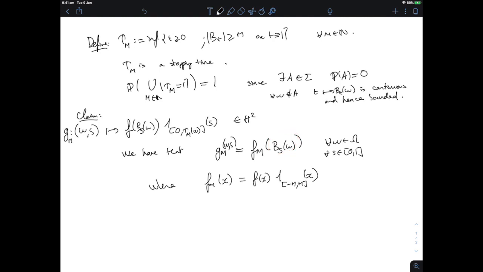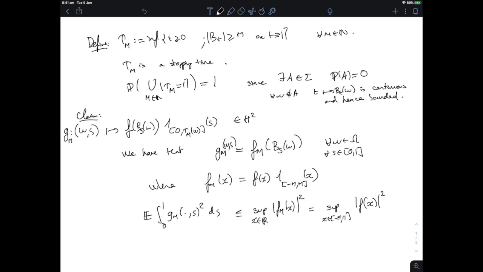Now that does give me that Gm is in H2, because if I look at the expectation of the integral of Gm of s squared ds from 0 to 1, this is certainly smaller than the supremum over x in R of Fm of x squared. But Fm of x is 0 when x is not in minus m, m, so this is the supremum for x in minus m, m of Fm of x squared, but f and Fm are equal on that interval, and f is a continuous function.